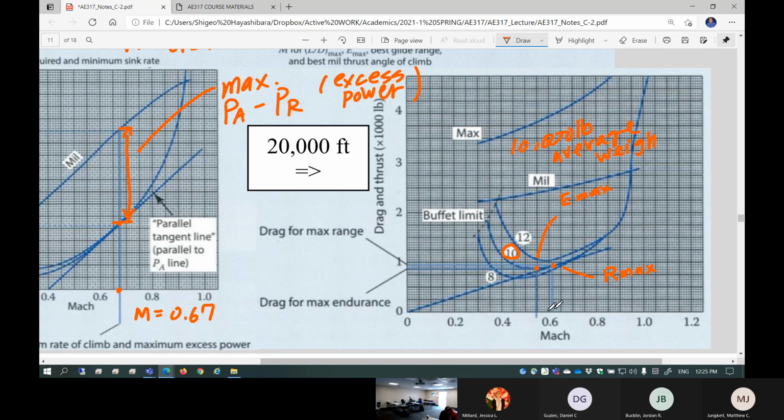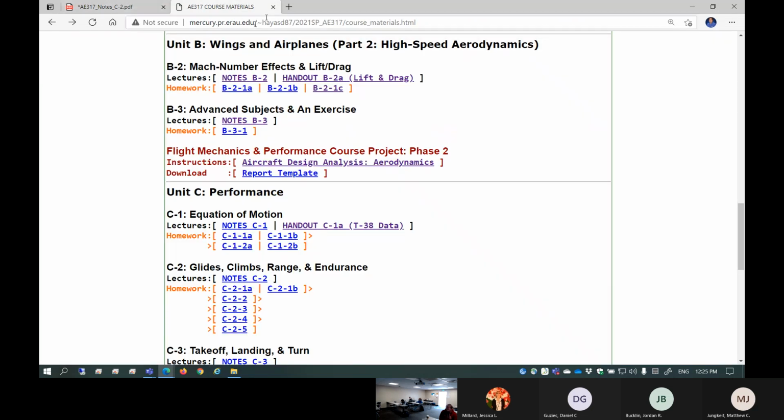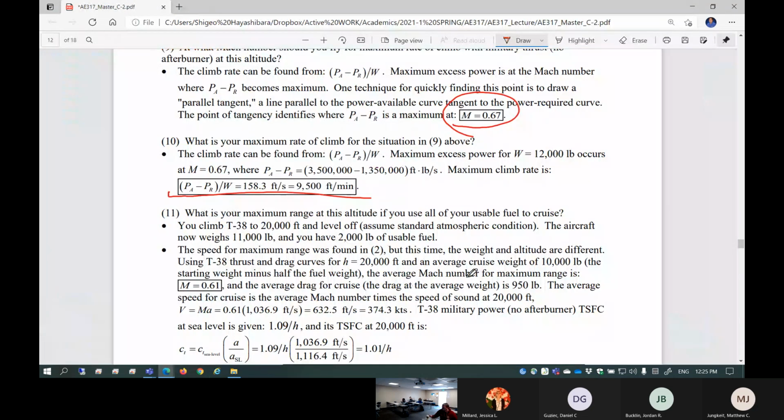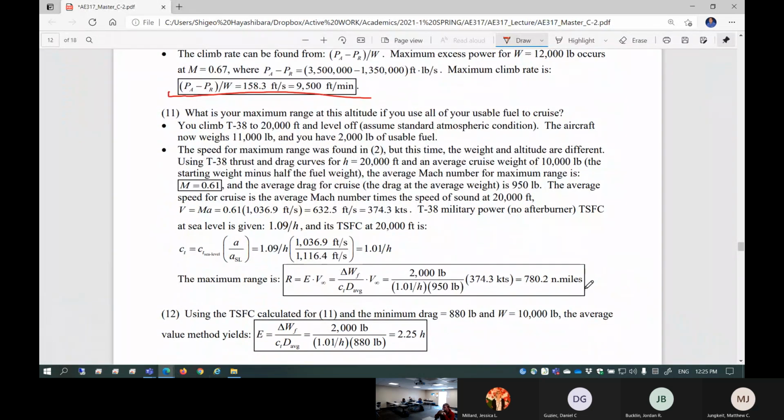Having said that, we are going to pick up the range and endurance equations. So what is your maximum range? First of all, for maximum range you are going to have Mach number 0.61.